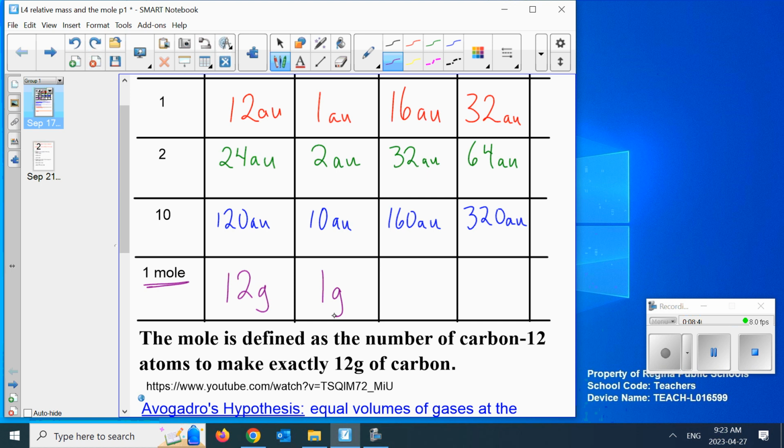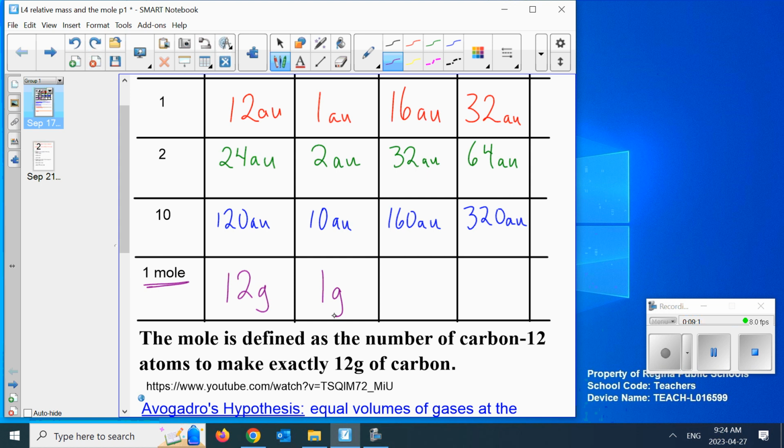I'm going to compare it from now on to hydrogen, even though the mole is defined as carbon 12 grams. But if I want the exact same, I have a reaction. I need as many atoms of hydrogen as oxygen. What's the ratio of hydrogen to oxygen? 1 to 16.